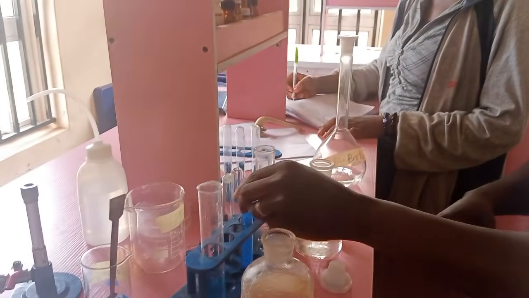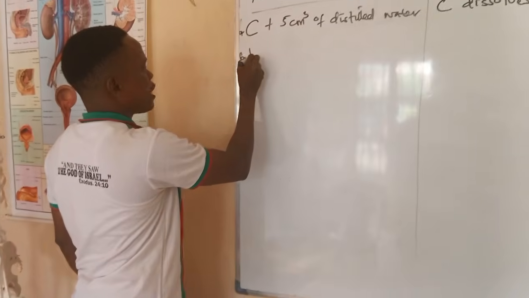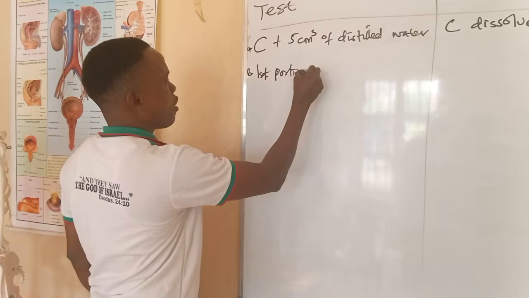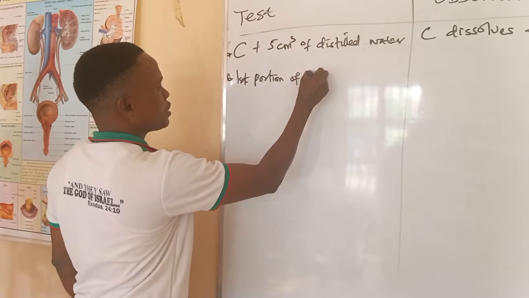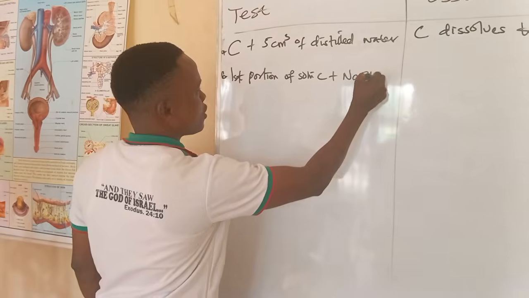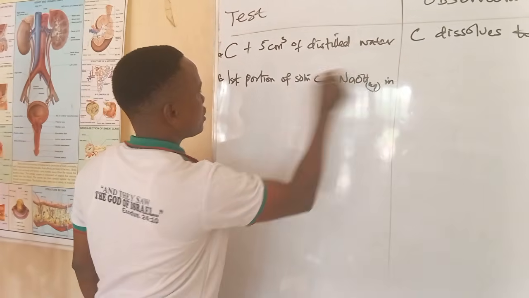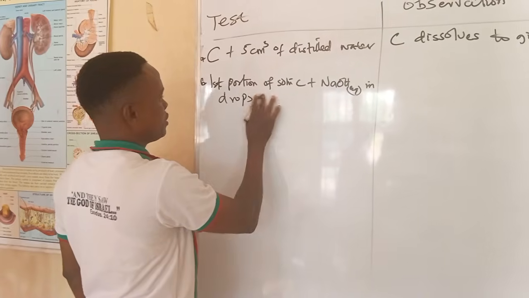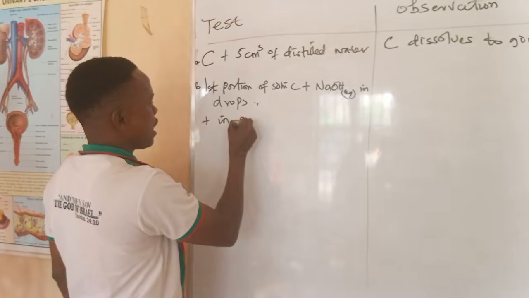Alright, let's report. So here, first portion of solution C plus sodium hydroxide in drops, then plus in excess.